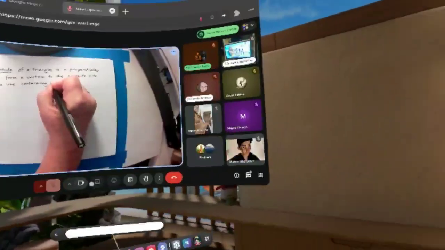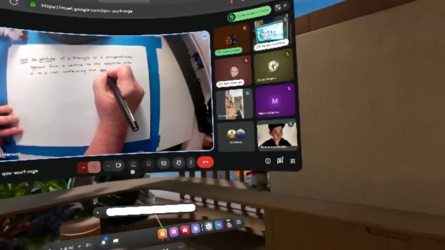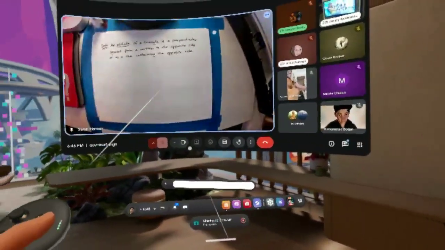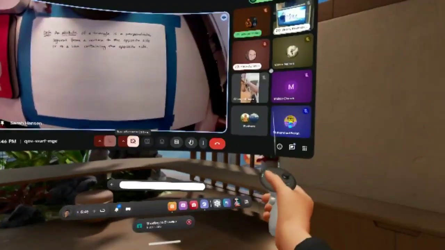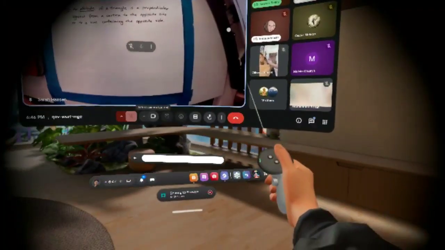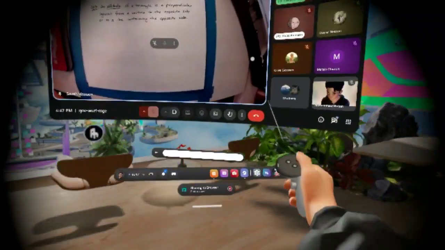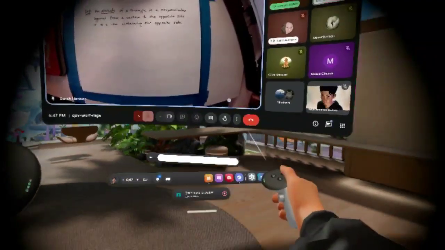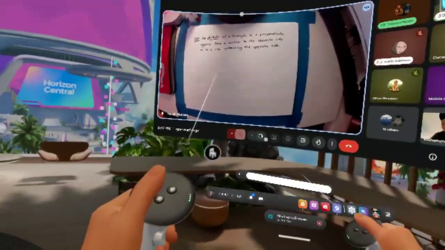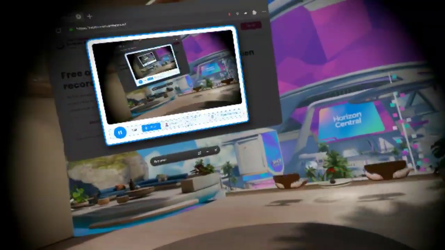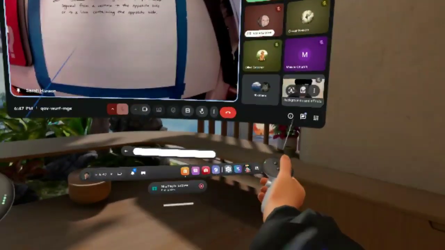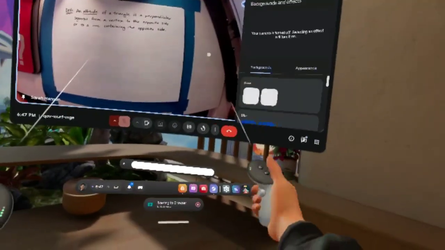An altitude of a triangle is a perpendicular segment. And remember that perpendicular means it meets at a right angle. A perpendicular segment from a vertex to the opposite side, or to a line containing the opposite side.